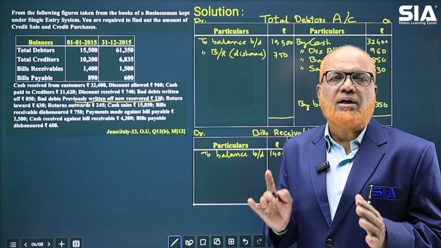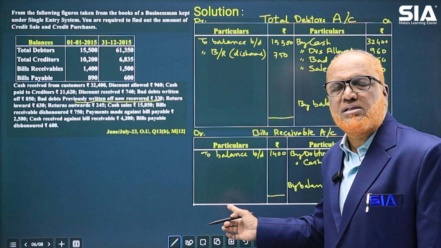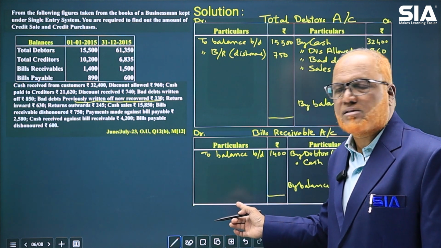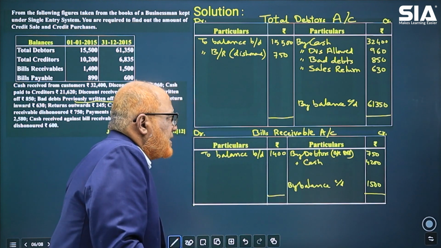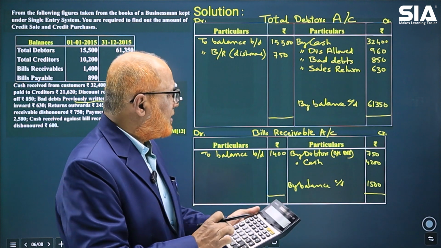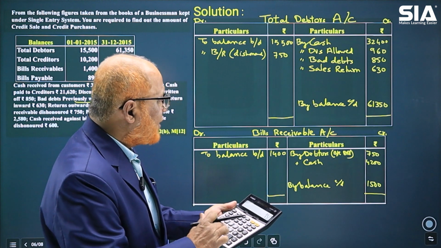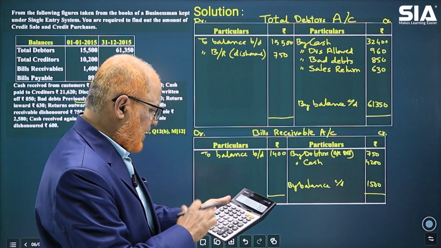Before finding out the credit sales, first of all, you must see how much bills are received from debtors. So here in this bills receivable account, we'll find out the total of the credit side. You can see here 750 plus 4,200 plus 1,500.